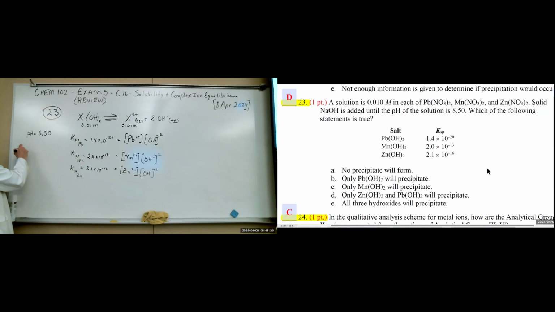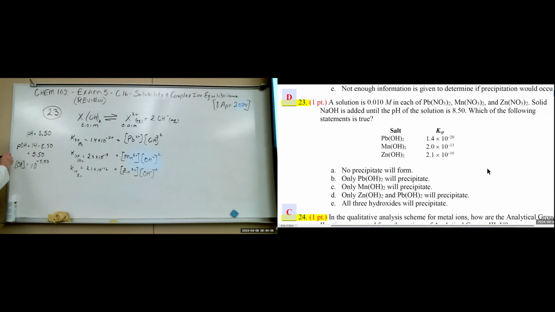Let's ask Sorensen. pH 8.5 equals... Actually, let's make it easy on ourselves. What's pOH? 14 minus 8.5, right? So this would be 5.50. Now the OH concentration is equal to 10 to the minus 5.50.